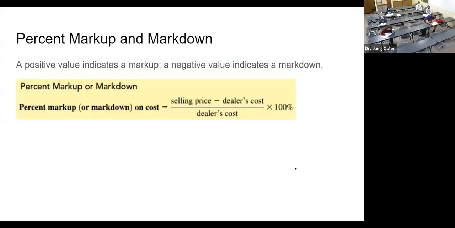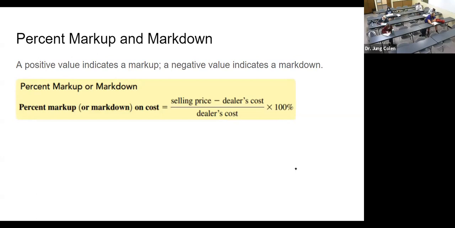Percent markup and markdown is very, very similar to percent change. Okay? So percent markup is this. Selling price minus dealer's cost, so how much you are paying for it, over how much you are paying for it. So you see, this denominator is the same as how much you are subtracting. So percent markup means how much you are making if you are selling that product.